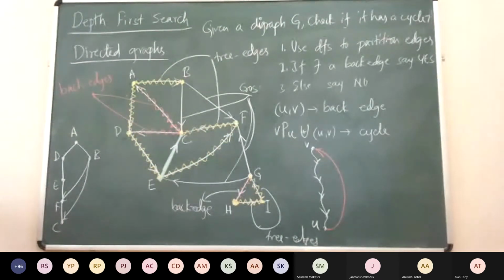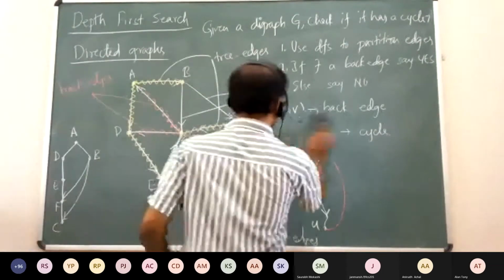Suppose there exists no back edge, then can you say that there is no directed cycle at all? Or we might have to go much deeper than that, right?